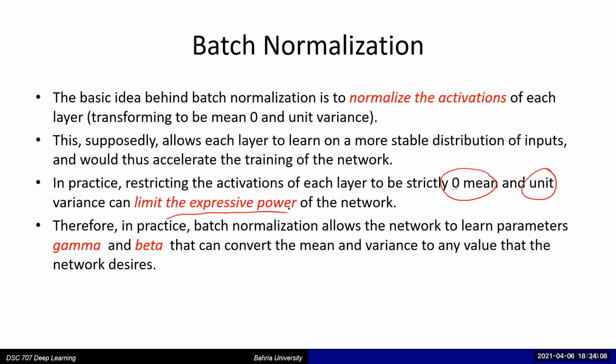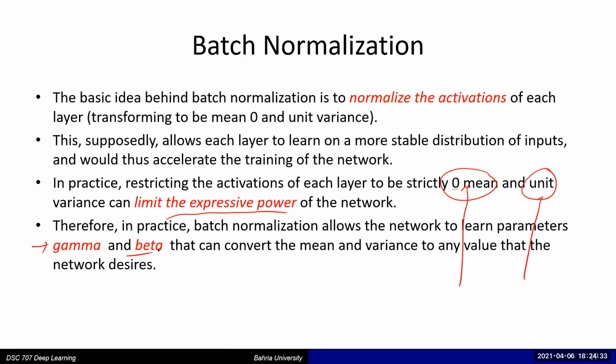It means you are imposing a constraint. So there's a concept: why not let the network choose how to normalize? Instead of 0 mean and unit variance, let the network decide what is a good mean and variance, which can actually help in learning the optimal weights. So what we do is we introduce two additional parameters.